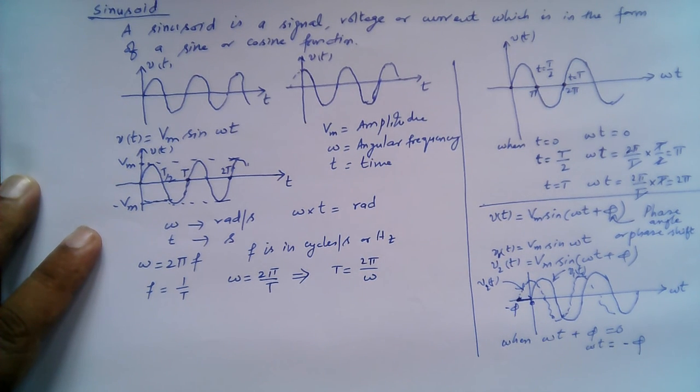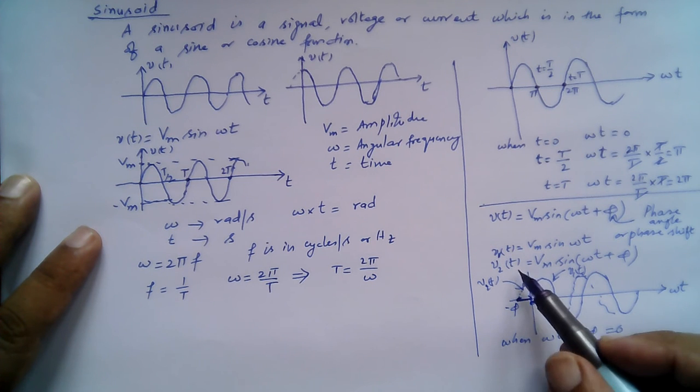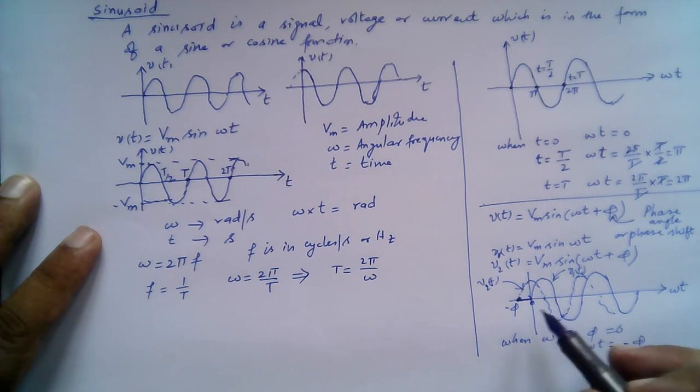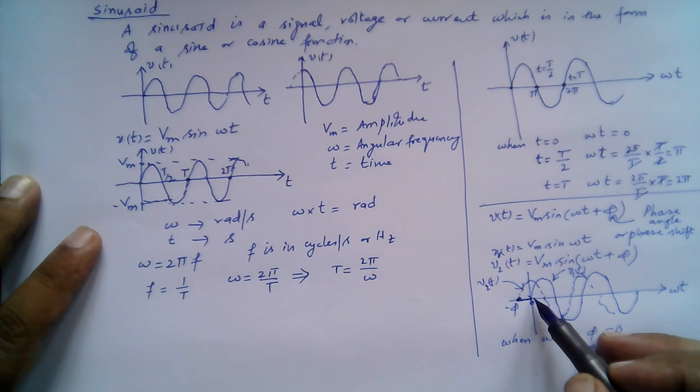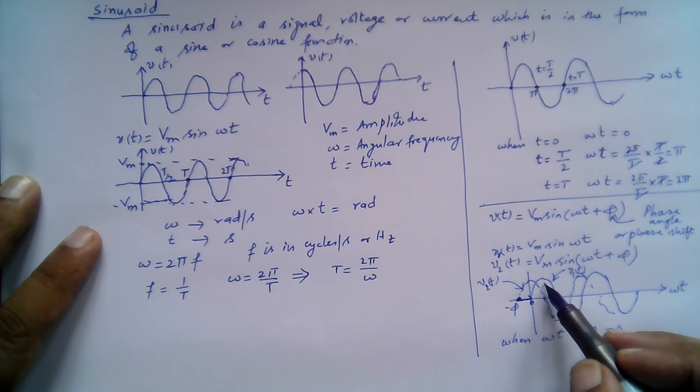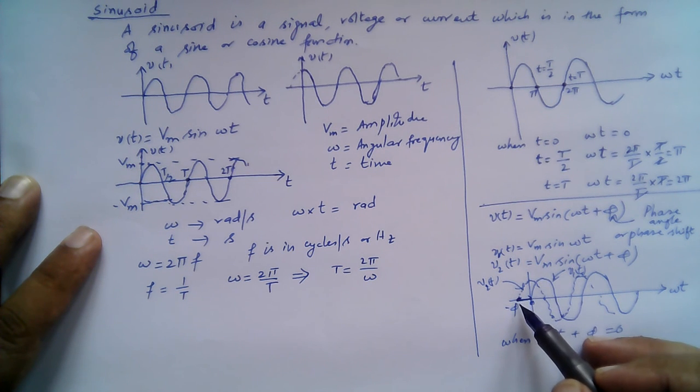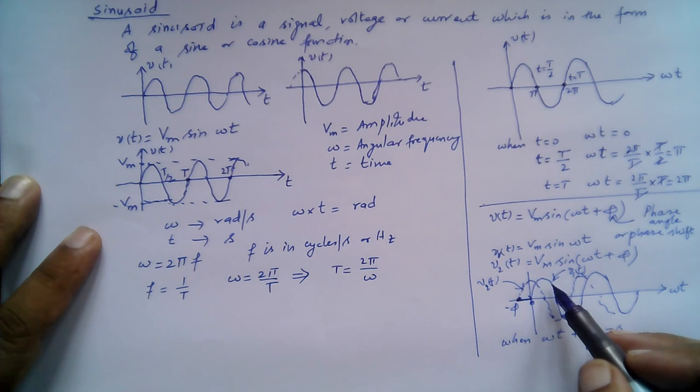And we say that v2 leads v1 by phase angle phi. If you see, this zero value for v2 occurs before the zero value for this signal v1. So we say that v2 leads v1.